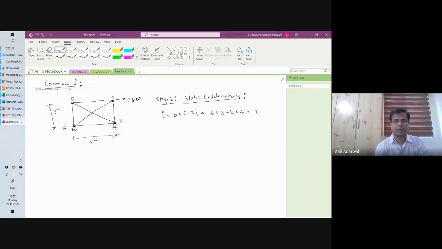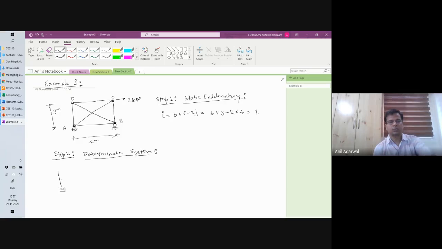Fine. So now the step 2 would be to reduce this system into a determinate system. How do we do that?